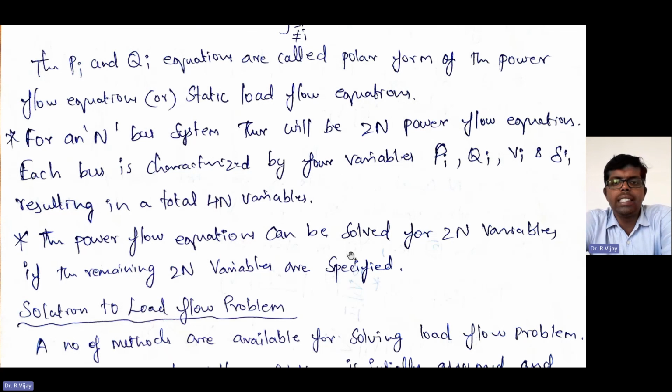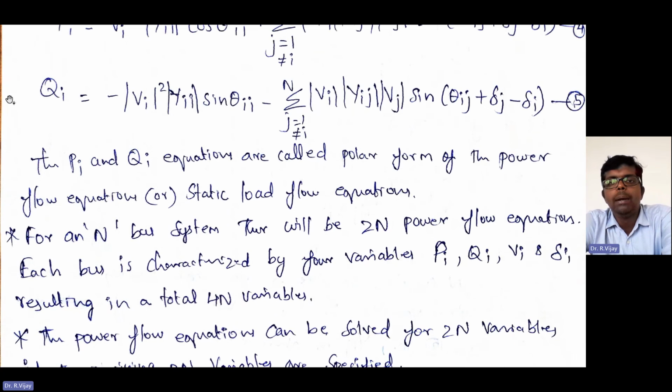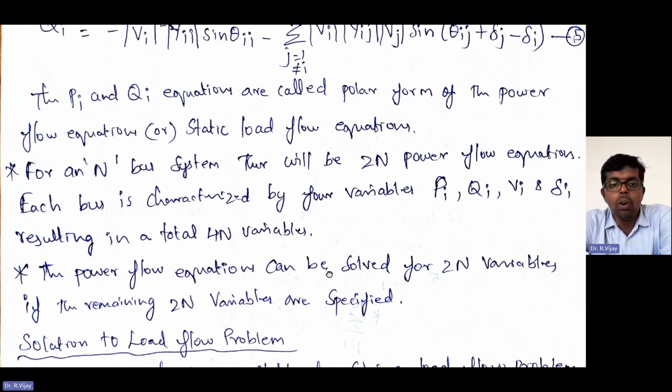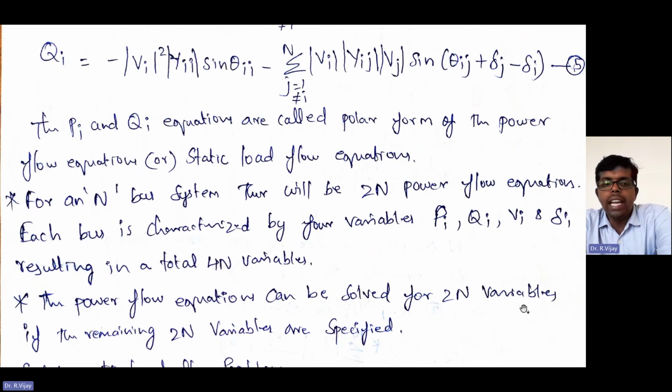The power flow equations can be solved for 2n variables if the remaining 2n variables are specified. This is nothing but the power flow equation or static power flow equation.